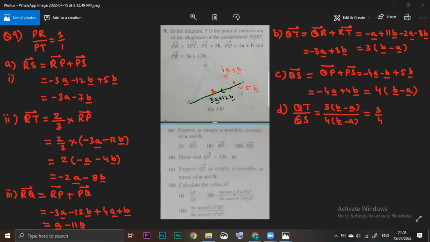Now, we want to find out the area of triangle PQT. D part, this is D part 1. Now D part 2 is, we want to find out the area of the triangle PQT divided by area of the triangle PQS.